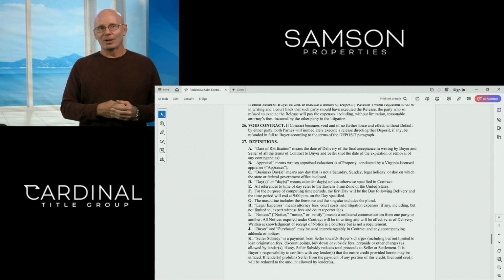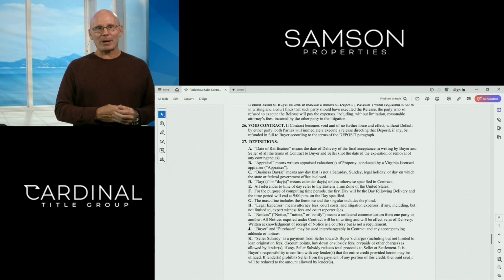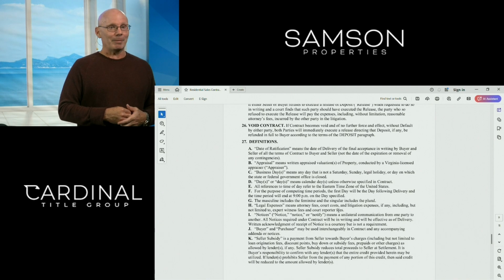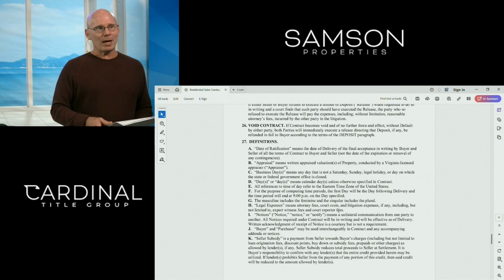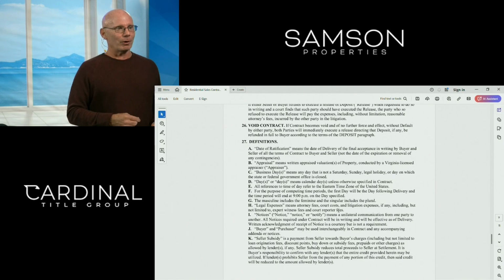But how negotiable do you think the seller is going to be at reducing the sale price by, say, 1%, $5,000, $10,000, whatever that might be, to accommodate you when they know that that money is going to come to them anyways, right? So maybe they may be accommodating, but they may not be. So make sure that you do your homework up front so that your buyer can utilize all the credits that you're asking for.